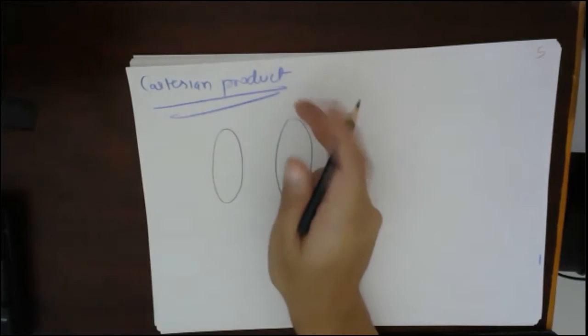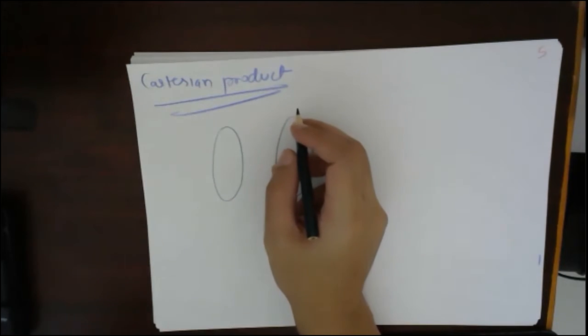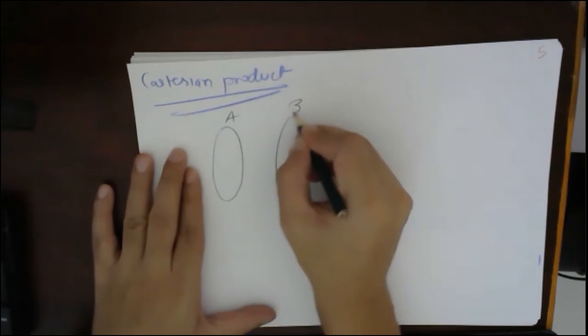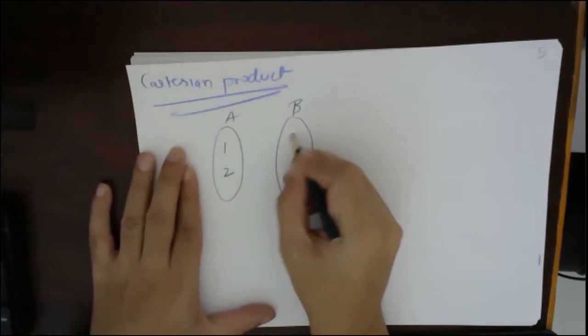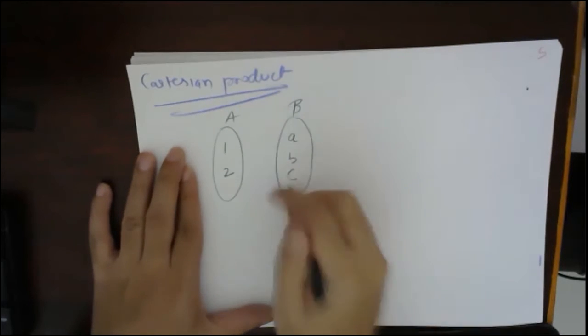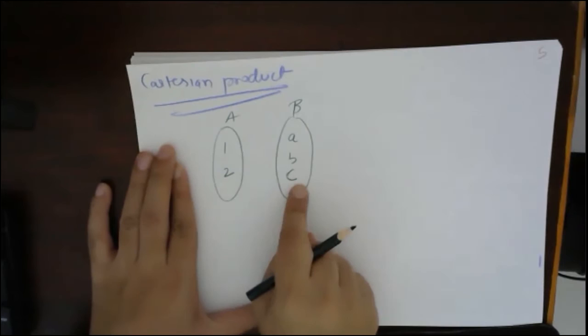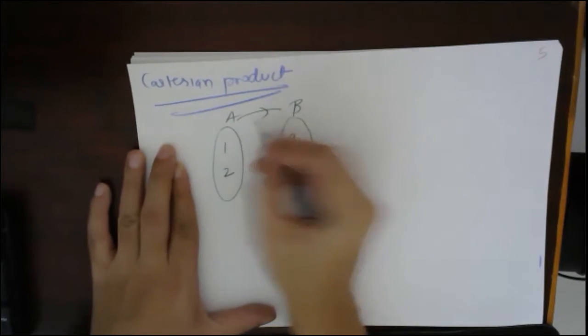Cartesian product means all possible connections from set A to set B. So set A is 1, 2, and set B is A, B, C.